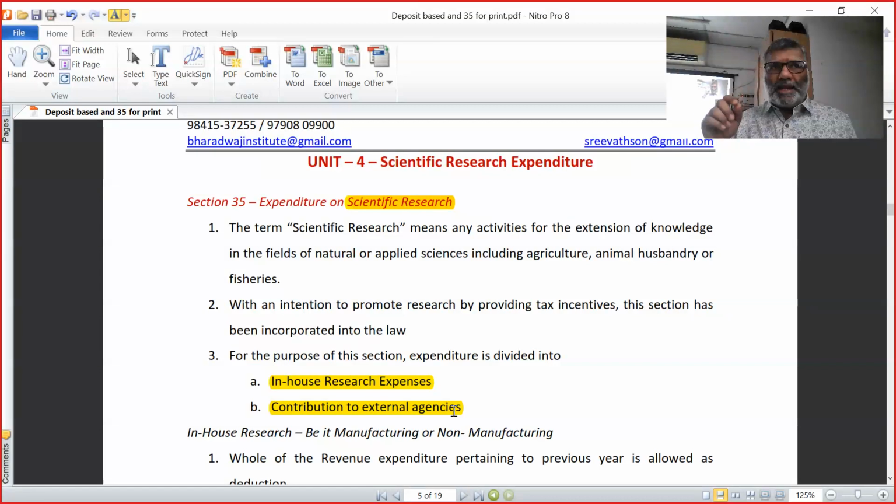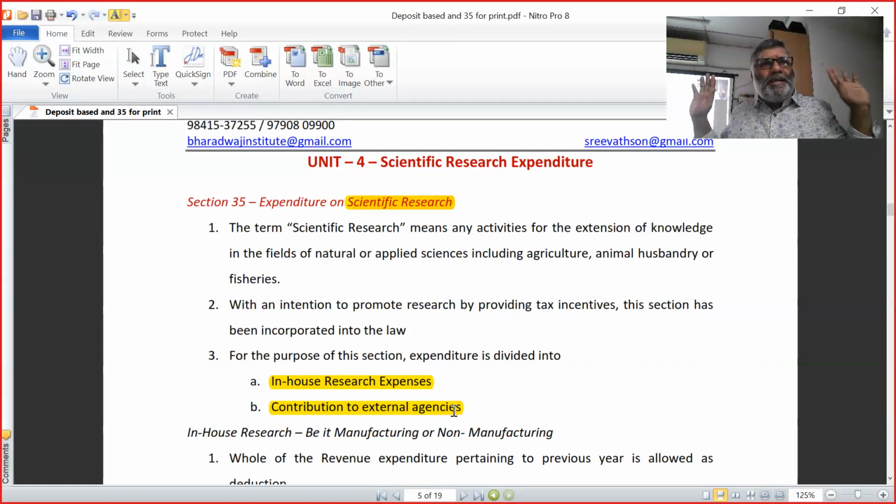When you were all studying Inter, you would have studied something known as weighted deduction. Weighted means over and above what you are spending. If you spend 100 rupees, to promote a sector they might give you 150, 125, 200, like that.